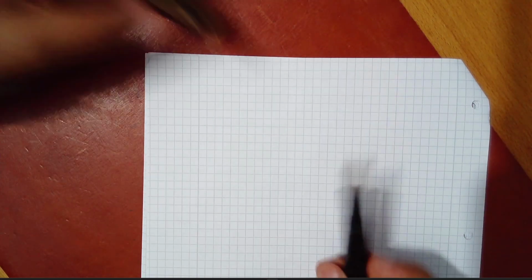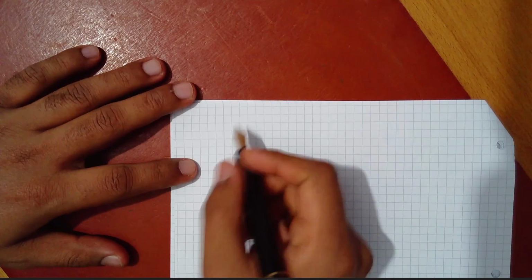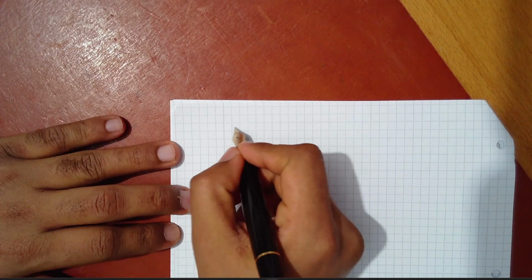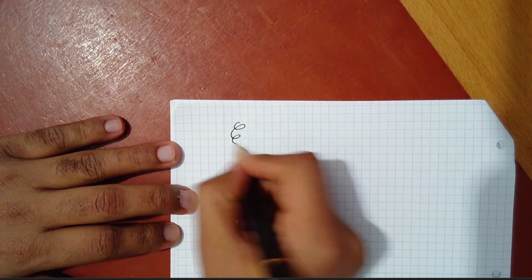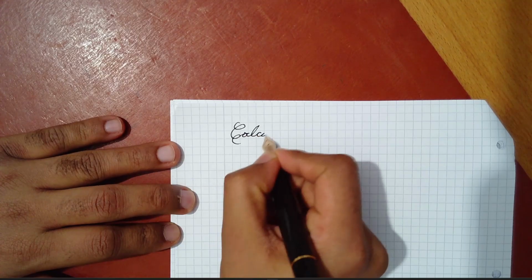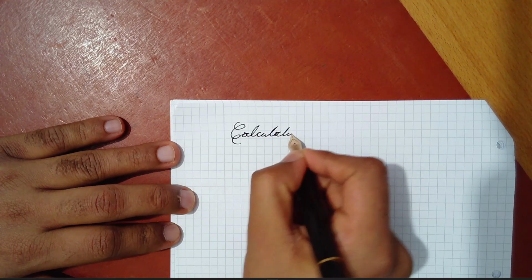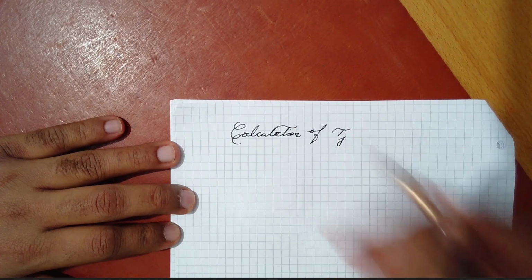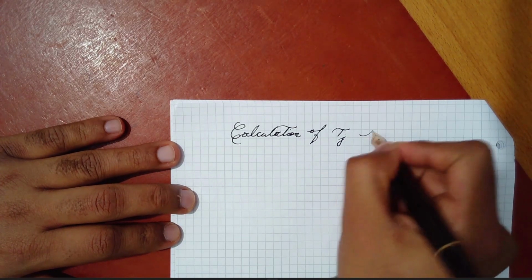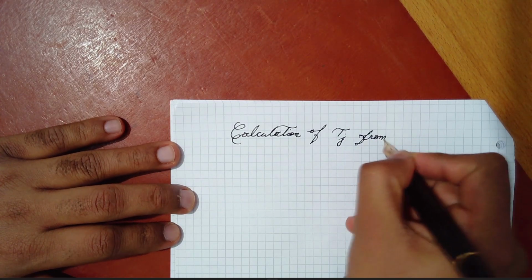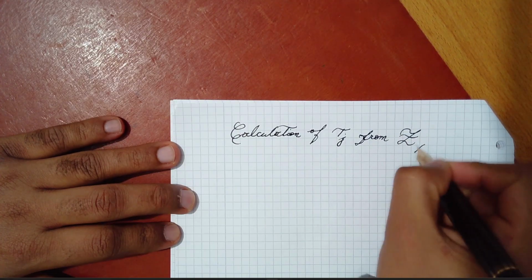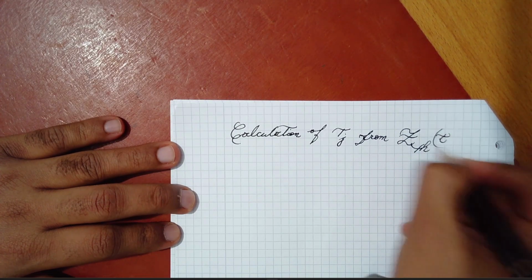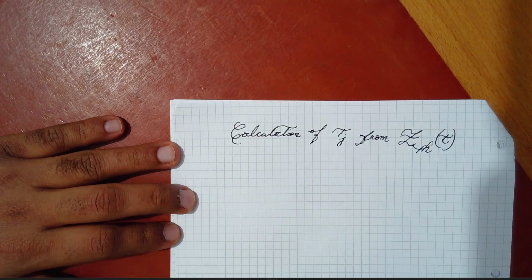So the target today is the calculation of junction temperature from the ZTH curve. That means from the transient thermal impedances.